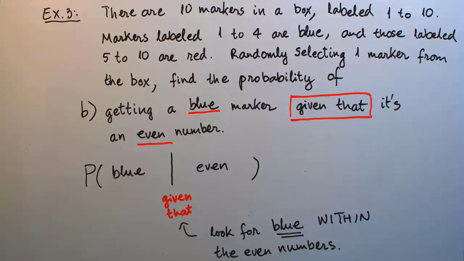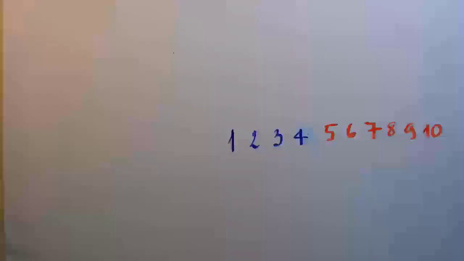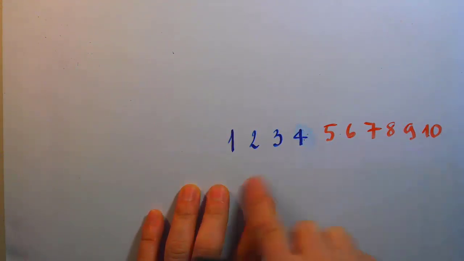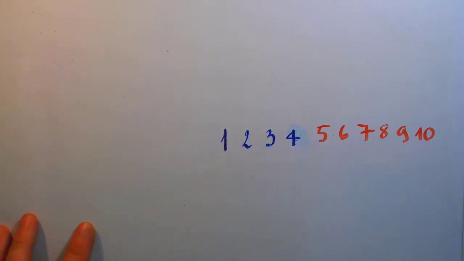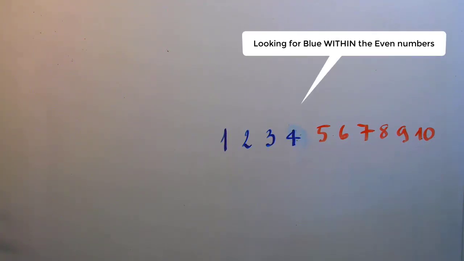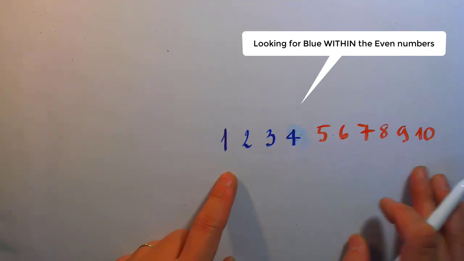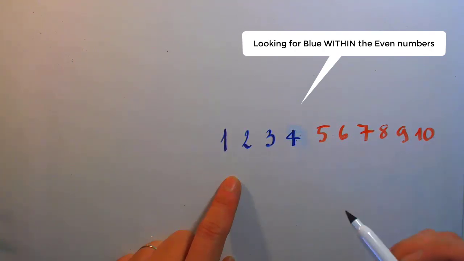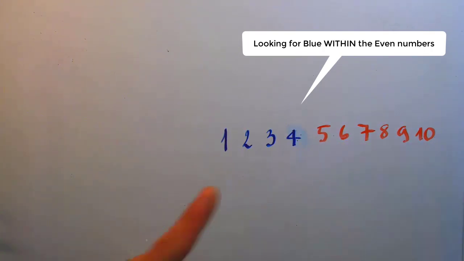All right, so here we are: the 10 markers, 2 different colors, 10 different labels. Remember the term that really caught my attention here, which I read out in capital letters: within. That means we have to narrow our attention to find all the even numbers first. Even though that's not what we're looking for, we turn our attention first to the even numbers.